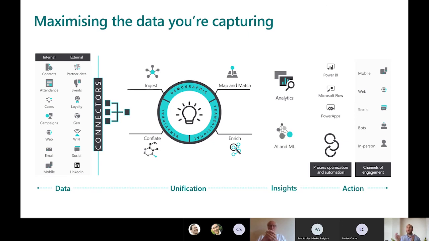Bringing all that together, ingesting it, matching it, and enriching it to provide analytics using our artificial intelligence and machine learning tools, to then, and this is the really important bit, actually drive action. Let's imagine a scenario where you bring all these data sources together, then you have a personal tutor who has a dashboard of the 25 students that they support, and that dashboard flags when someone's engagement score drops below a level.